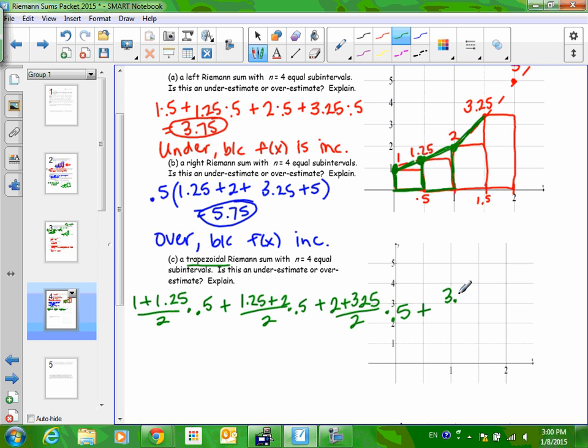And then the last one would be 3.25 plus 5. And you get 4.75. And I know I'm going really quick over the calculations, but that's something that you can kind of work out on your own.